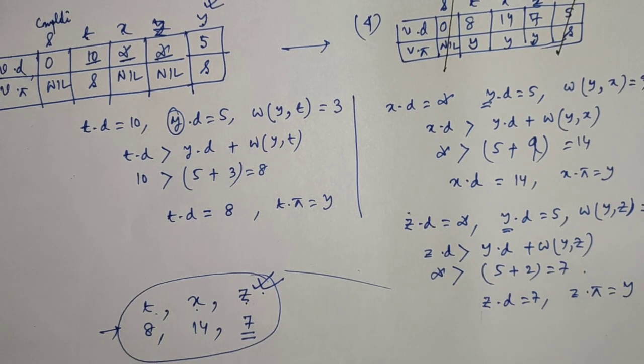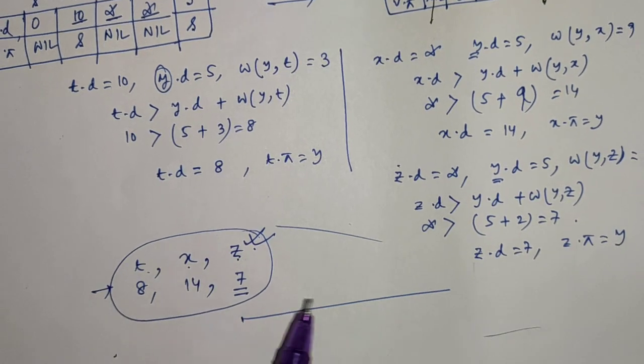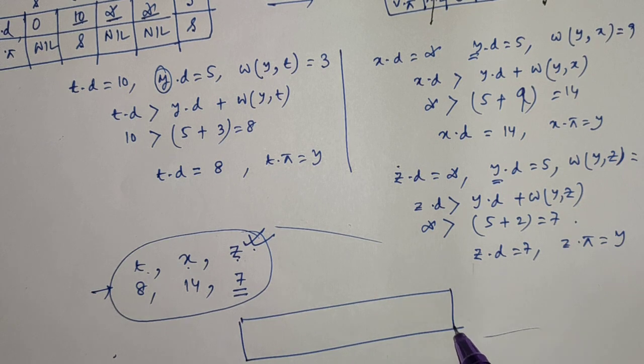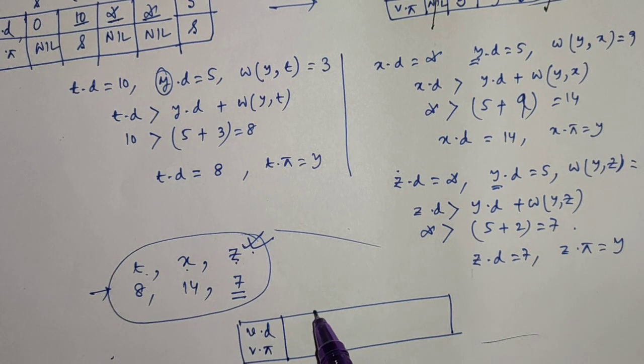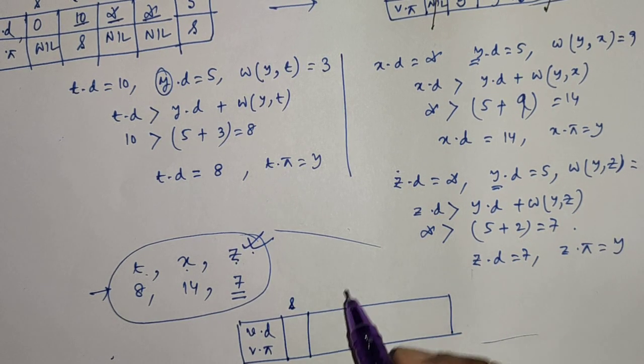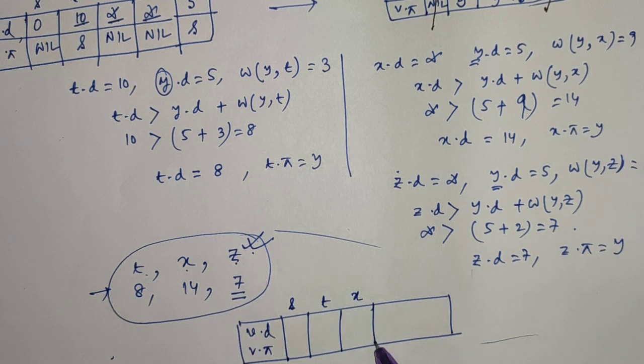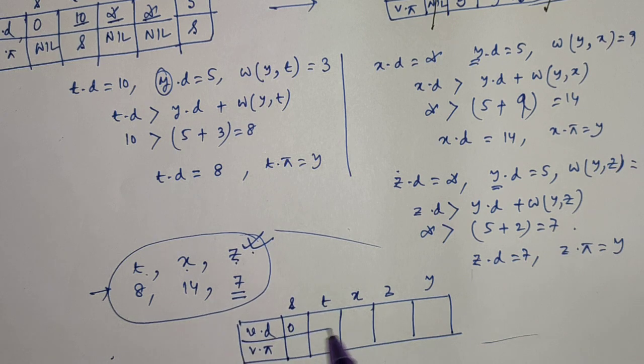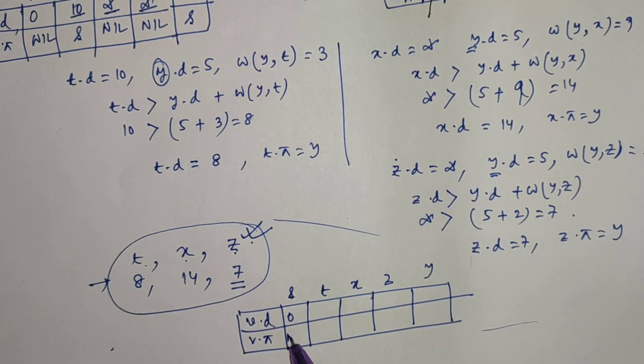Fine. So the table is now this one, v dot d, v dot pi. Okay, and it is s, t, x, z, y. s was 0 and nil.